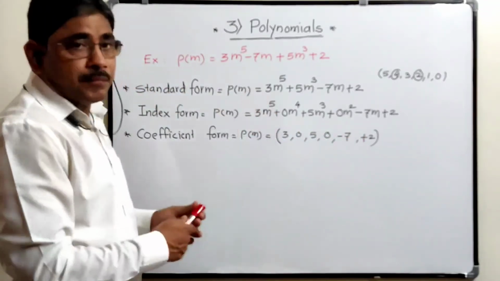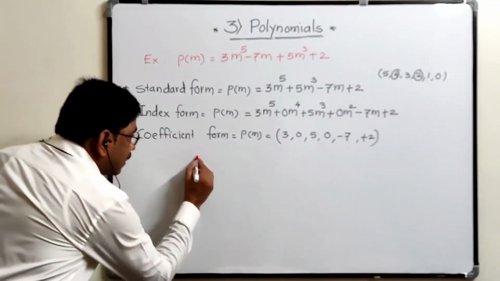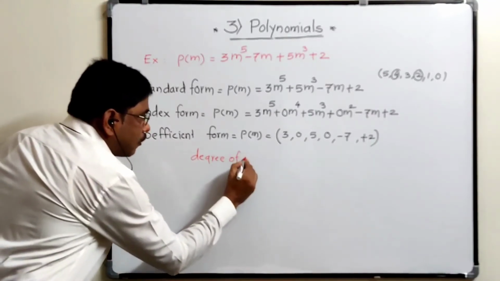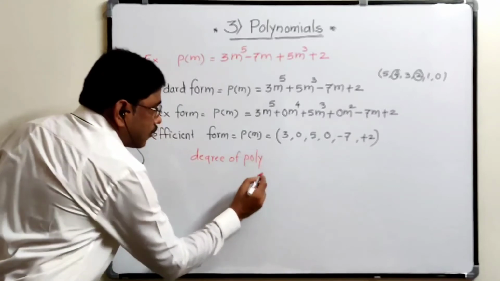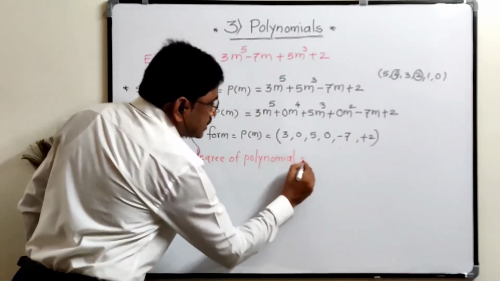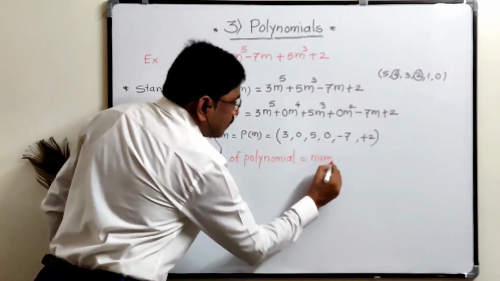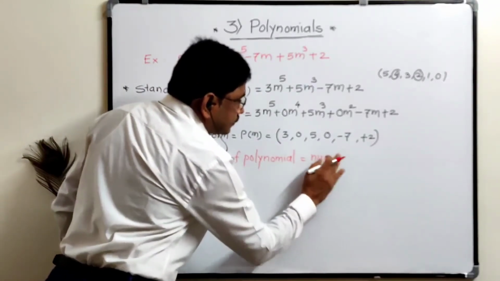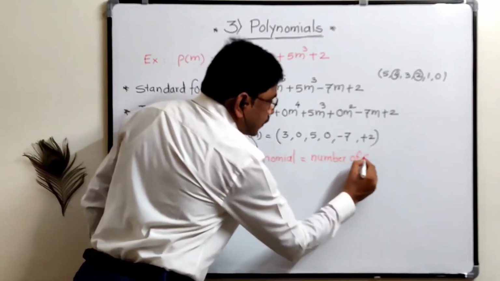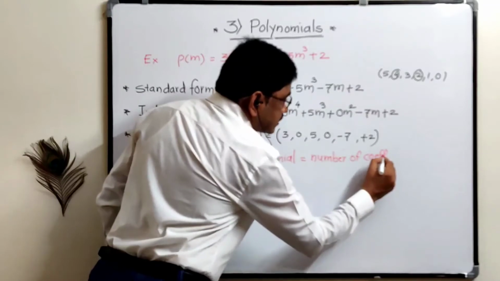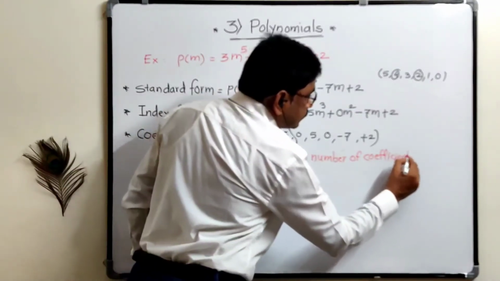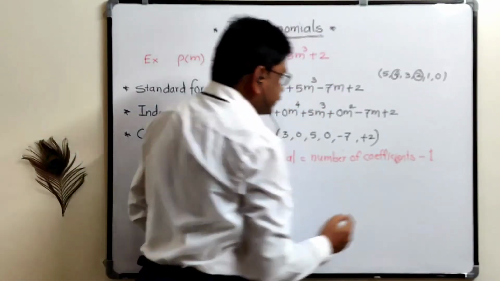So 6 minus 1. So here remember one formula: degree of polynomial is equal to number of coefficients minus 1.